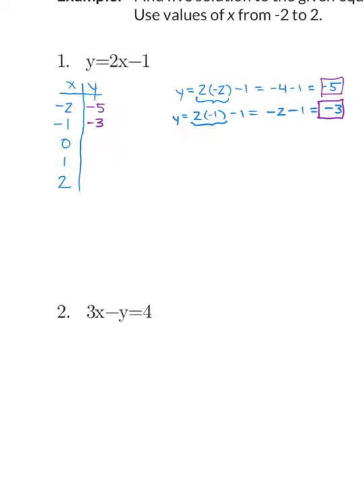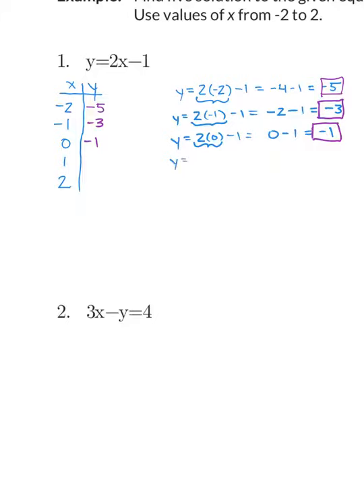Let's repeat the process with 0. So if we plug in 0 to our equation, we get 2 times 0 minus 1. 2 times 0 is 0. Minus 1 is -1. So we will record that in our table. Same thing with 1.